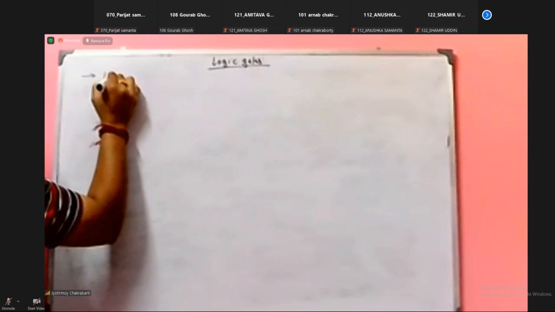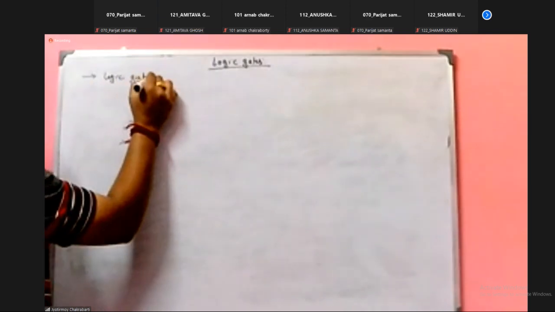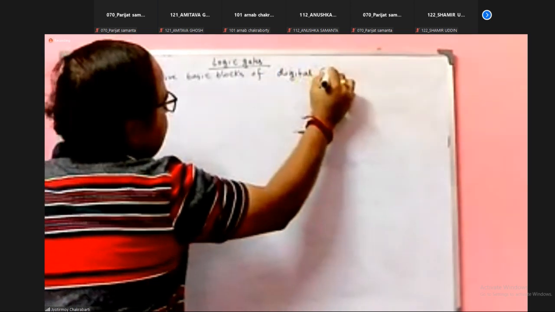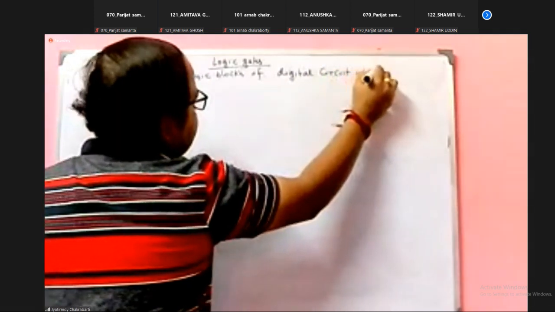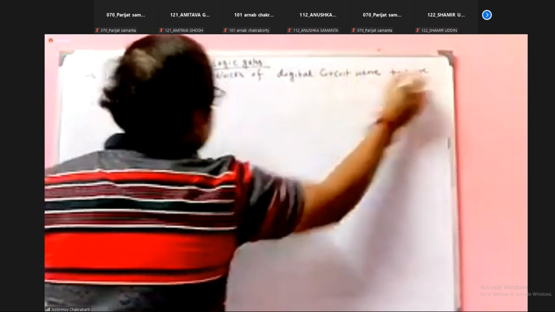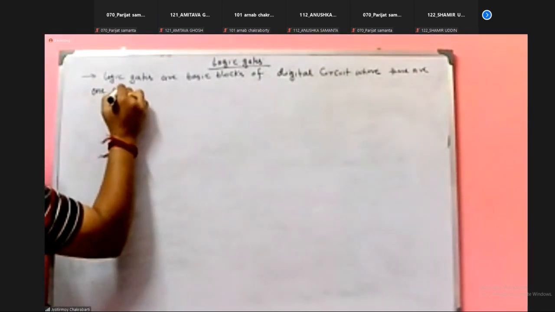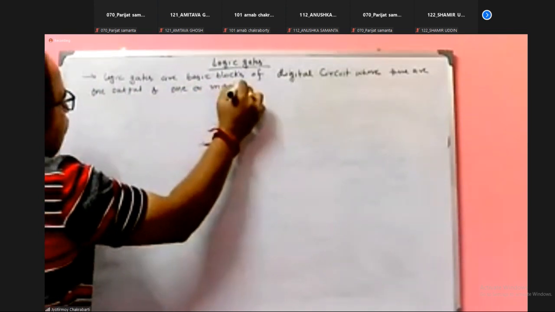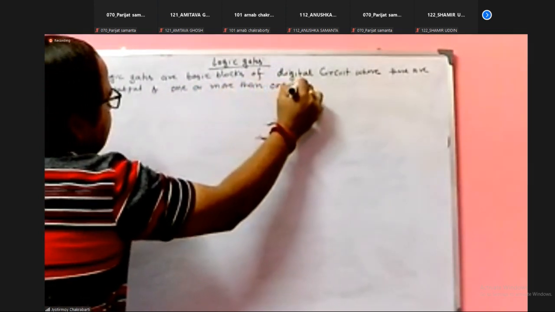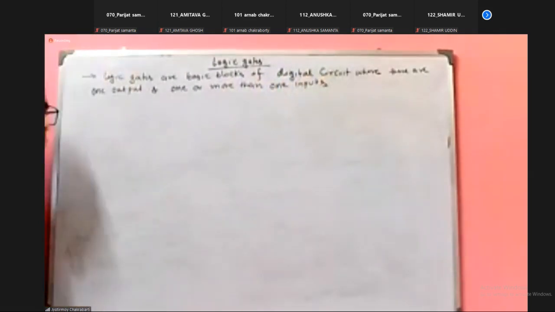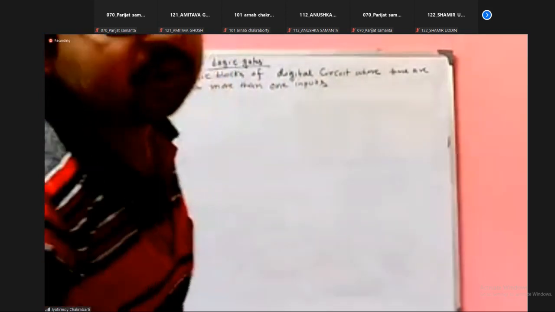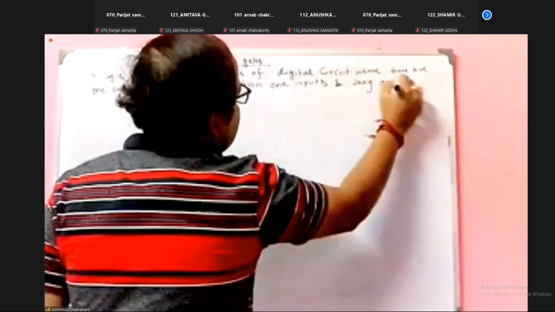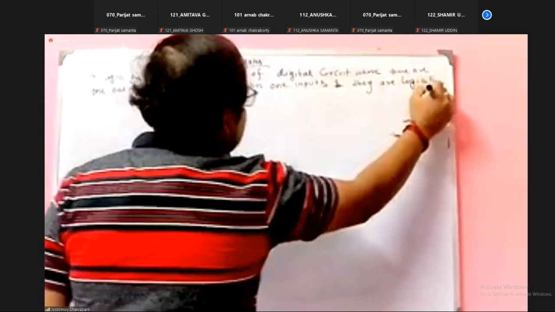Logic gates are basic blocks of digital circuits, where there is one output and more than one input, and they are logically related.